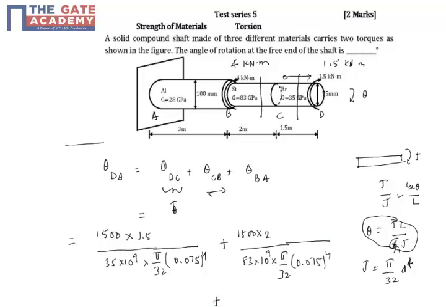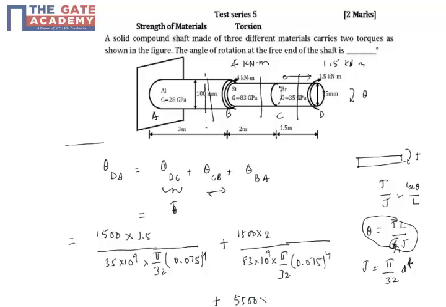Now plus, we'll have the aluminum. If you take a section here, what is the total torque towards the right? 4 is clockwise, 1.5 is clockwise, so it is 5.5 clockwise. So at this section the resistive torque is 5.5 clockwise, so it's 5500 newton meters.